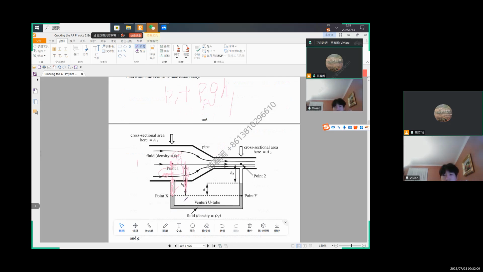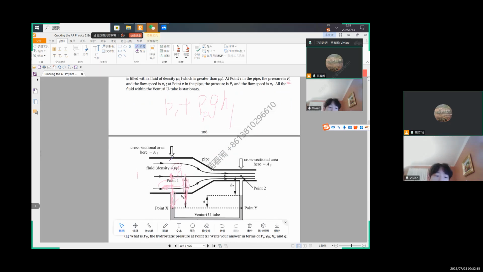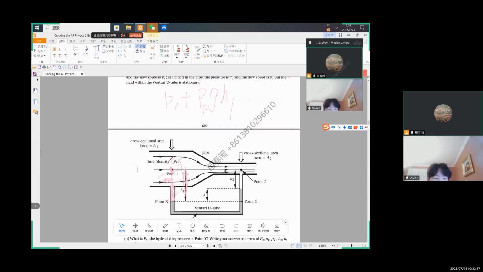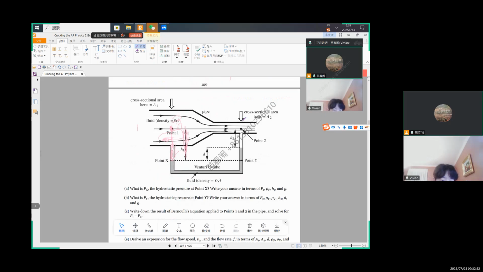Although it seems like there's only fluid in here, there's also in here, right? At this point, only H matters. Does that make sense if I write it like this? Answer PX, right?